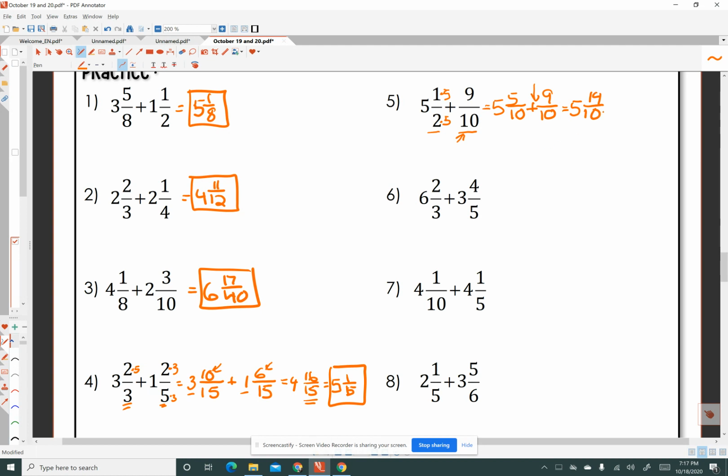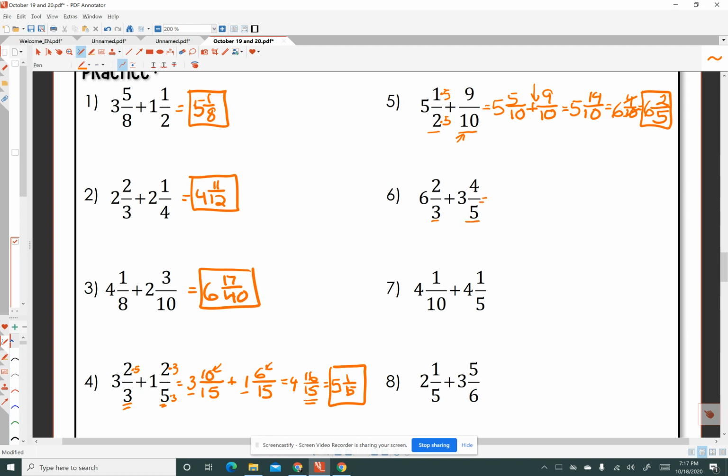There is one group of 10 in 14, so that raises our 5 to a 6 with 4/10 left over. And 4 and 10 are both divisible by 2, which leaves us 6 and 2/5. So always simplify as far as you can.